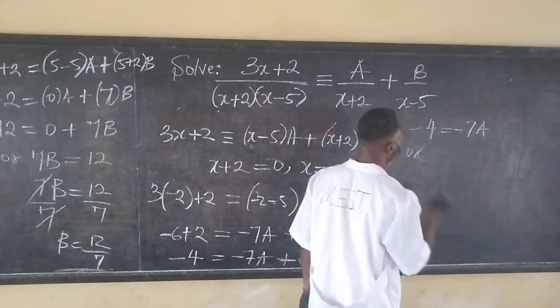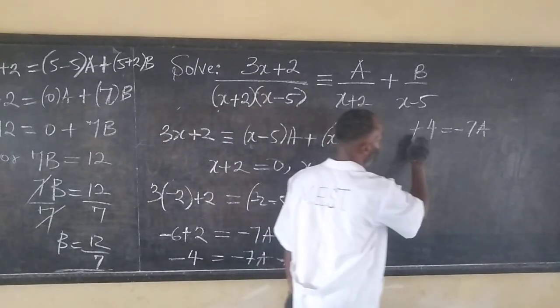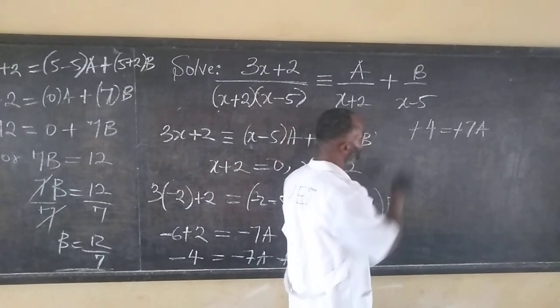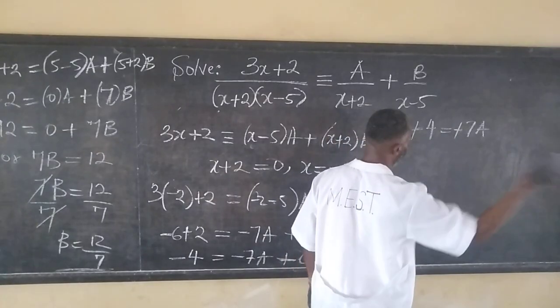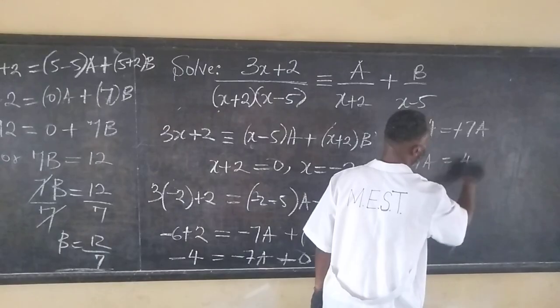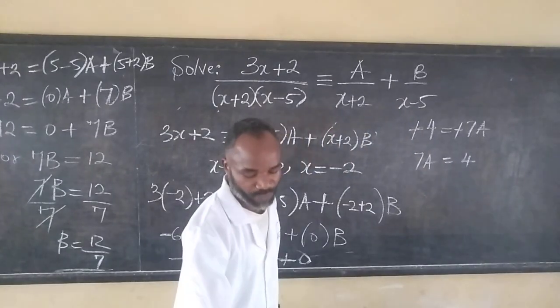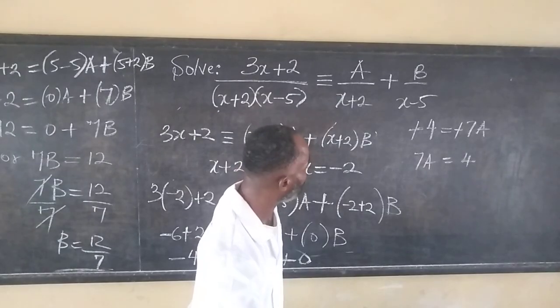We can cancel out the sign. The two signs cancel each other. We now have 7a equal to 4. We can divide through using 7.